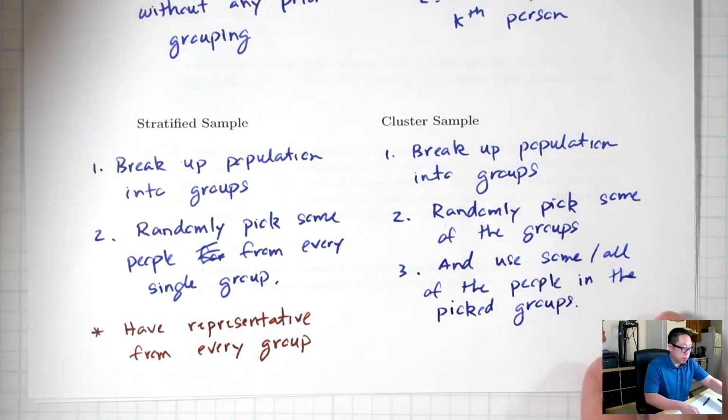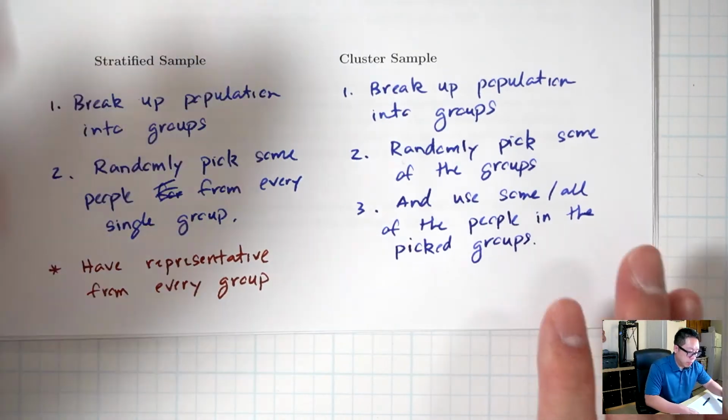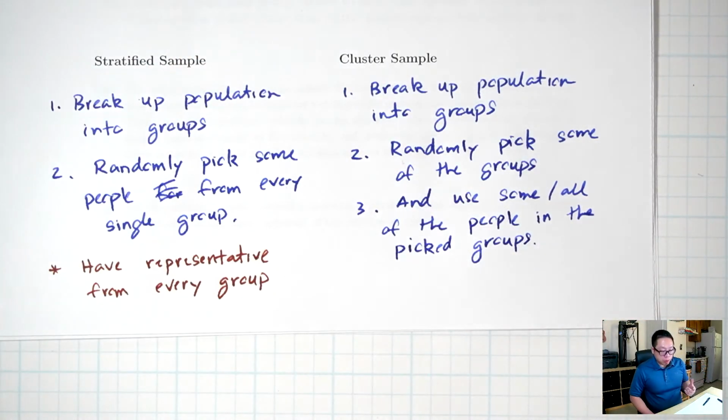The key difference between cluster and stratified is that you're picking some of the groups, not all of the groups, and then you're only using the people in those groups that you picked.